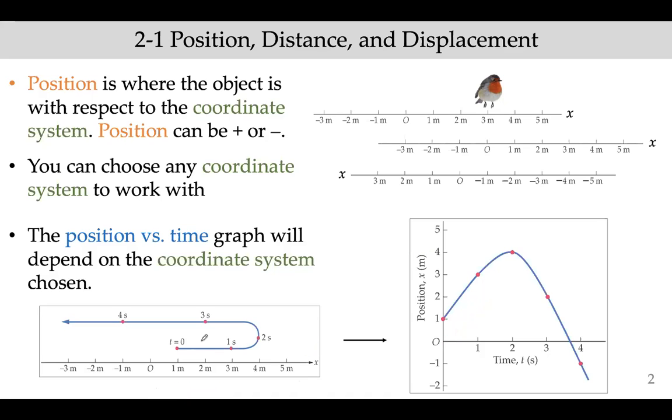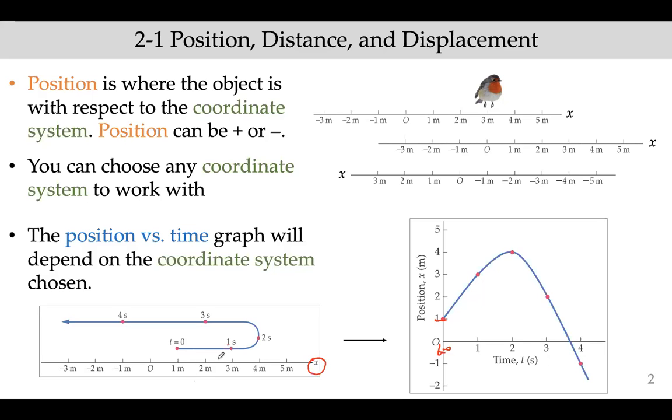Okay, so what's happening here? When time equals 0, initially the object is at 1 meter. So it's here, and this is time equals 0. Then it starts moving in the positive direction.